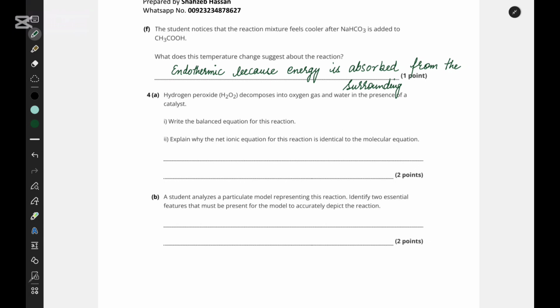They are saying hydrogen peroxide decomposes into oxygen gas. So this is hydrogen peroxide that decomposes to form water and oxygen gas. So this is going to be 2H2O2 forming 2H2O plus O2. Okay.